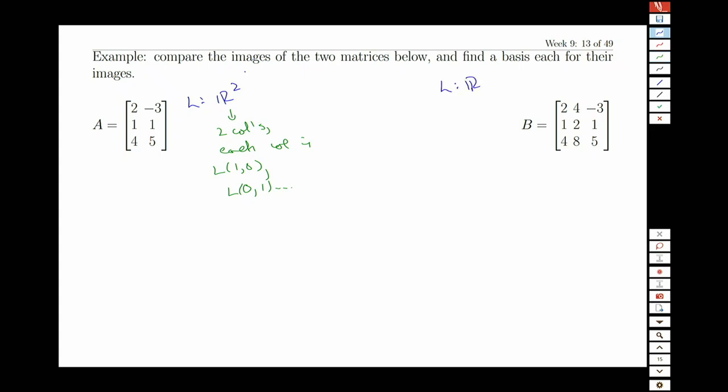This is R3 though, because we have three columns: L of (1, 0, 0), L of (0, 1, 0), and L of (0, 0, 1). So we can read off the input space by counting the number of columns. And then the number of rows is equal to the output dimension.